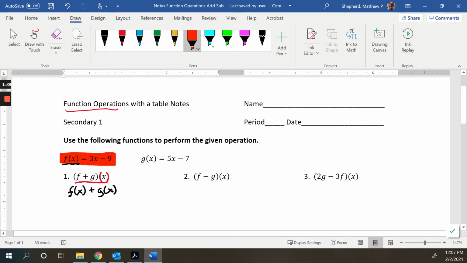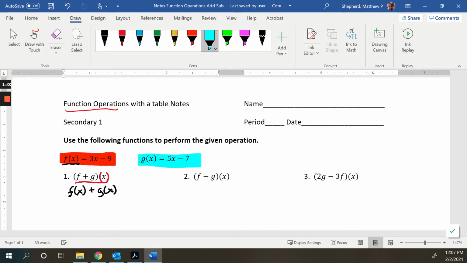Now we already know what f of x is equal to. f of x was 3x minus 9, g of x is 5x minus 7. So we already know what both of those should become. So f of x, I'll replace with 3x minus 9, plus the g of x, which should be 5x minus 7.